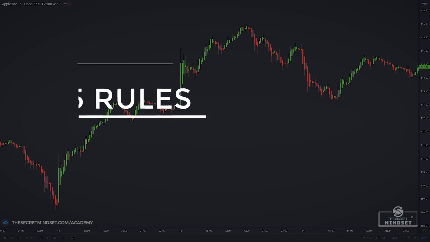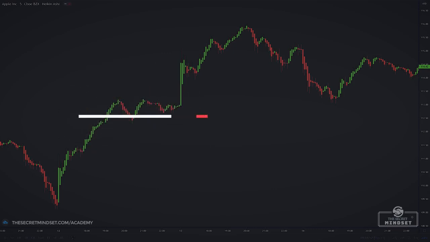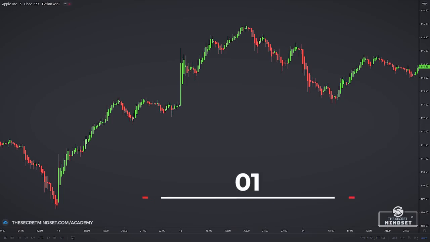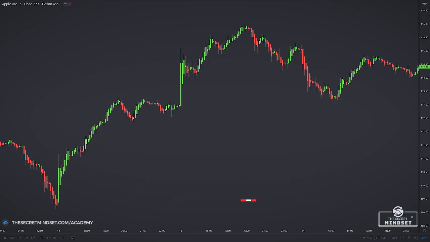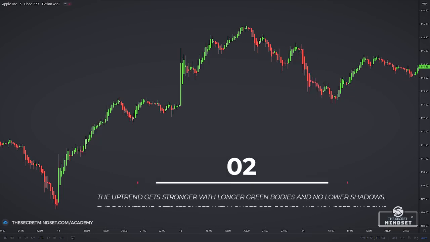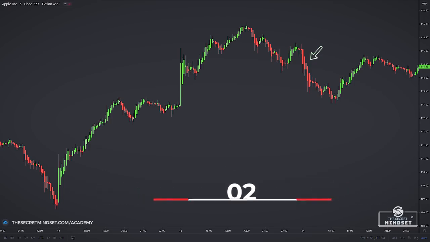While Japanese candlesticks require many definitions and flexible rules for most patterns, a Heiken Ashi chart works with only 5 simple rules. A sequence of green bodies identifies an uptrend, while a sequence of red bodies identifies a downtrend. The uptrend gets stronger with longer green bodies and no lower shadows. The downtrend gets stronger with longer red bodies and no upper shadows.